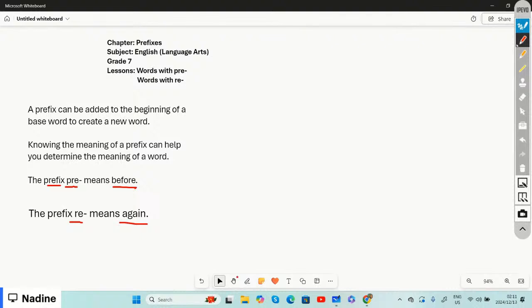If we look at the prefix pre first, which means before, we have the word prevent.